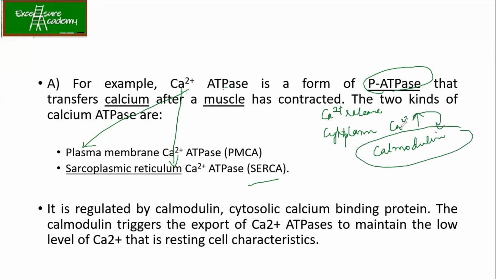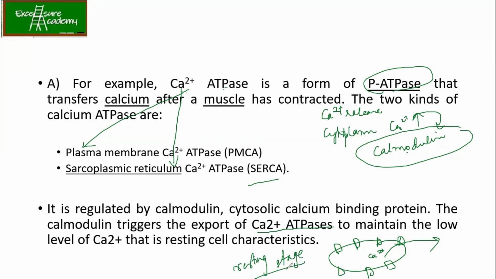Now the binding of the calcium to the calmodulin triggers the export of the calcium 2 plus ATPases. Now this will go and get exposed on the plasma membrane like this of the muscle cell. Correct? So they are going to take the calcium जो यहाँ पे excess है cytoplasm में outside and will bring the cell back into its resting stage.